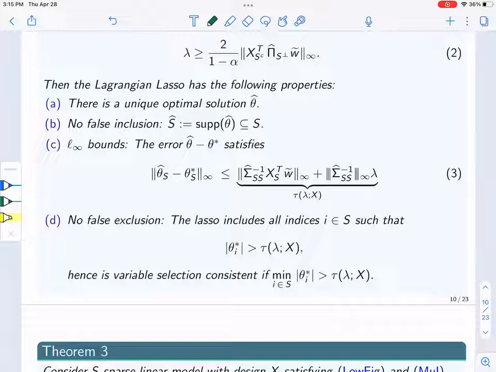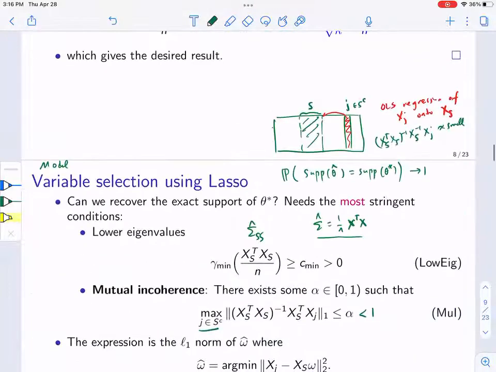One part requires more conditions, so there's also what is called the beta min condition. You need the theta stars on the support to also have a certain strength. If these columns are uncorrelated, but one of the theta stars is very small, I might miss that column.